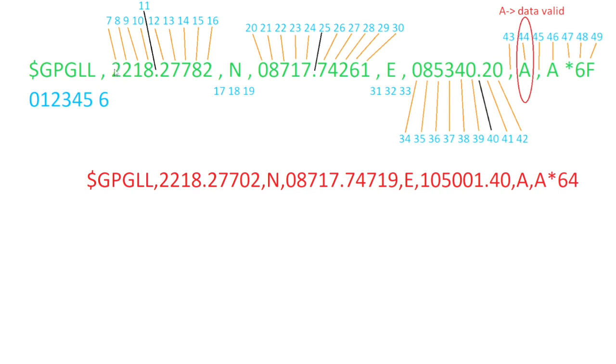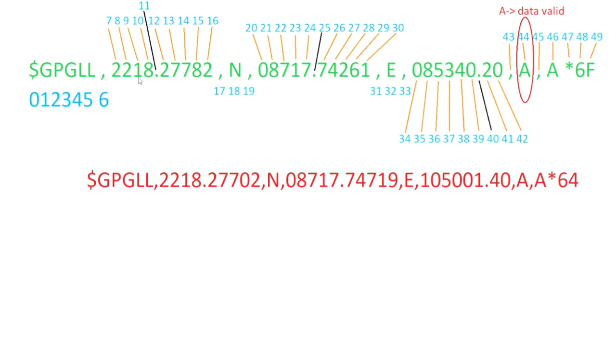Then we have the latitude information, 2218.27782. The next character is the N, which stands for north, and after this we are followed with the longitude information, which is 8717.74261 E.